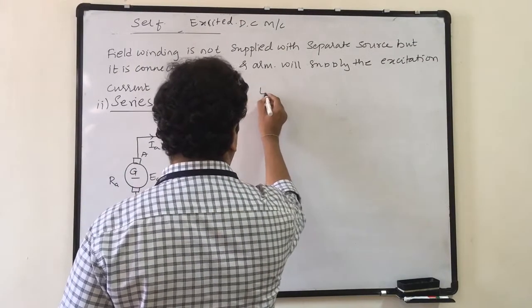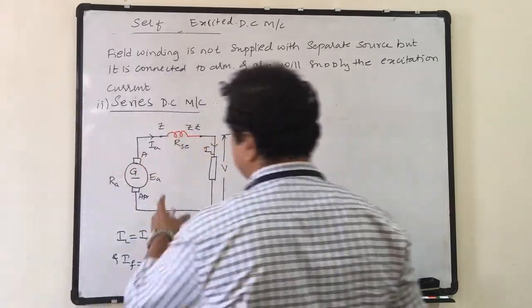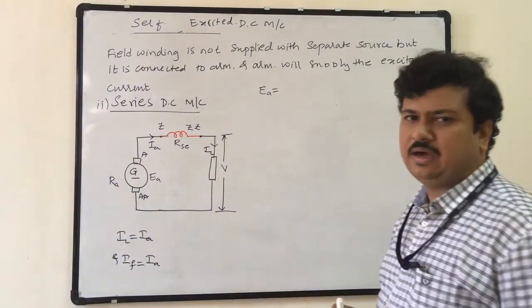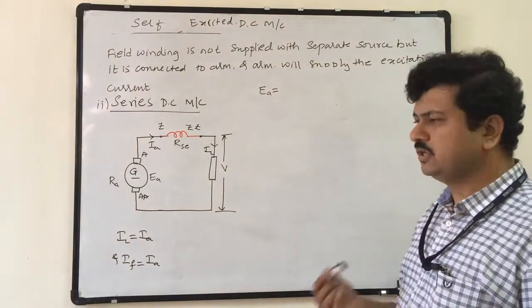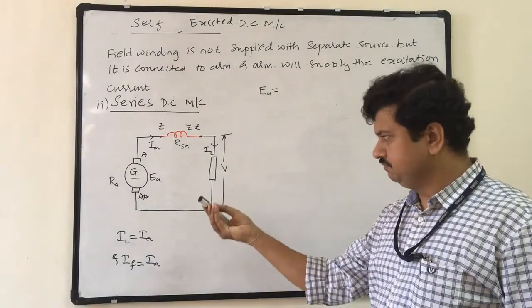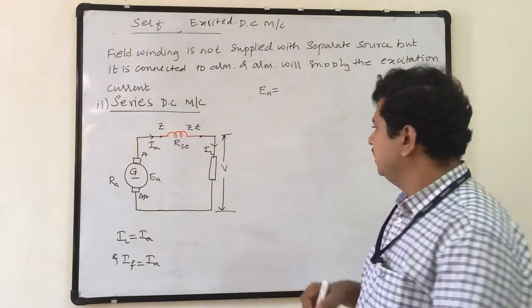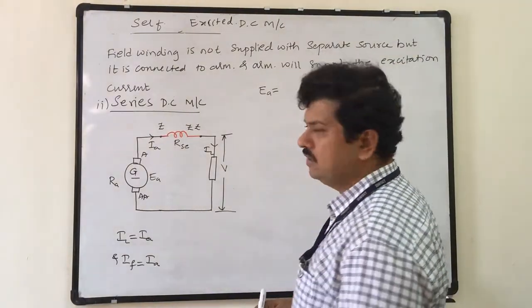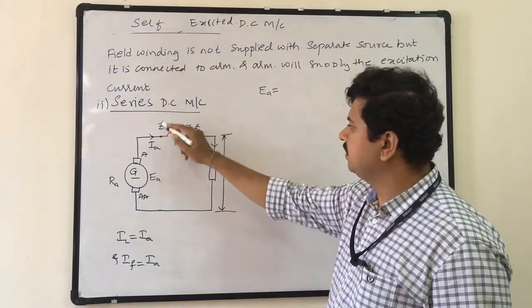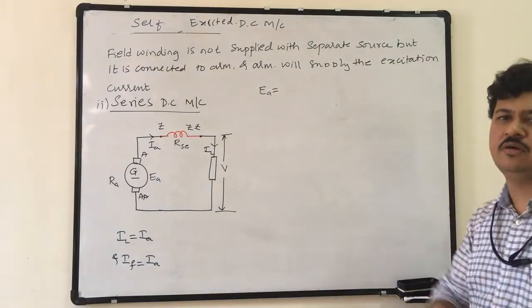What is EA? Now EA has to provide for the armature drop, the brush contact drop, the armature reaction drop, the load terminal voltage V, and also it has to provide for the series resistance or the series field drop.